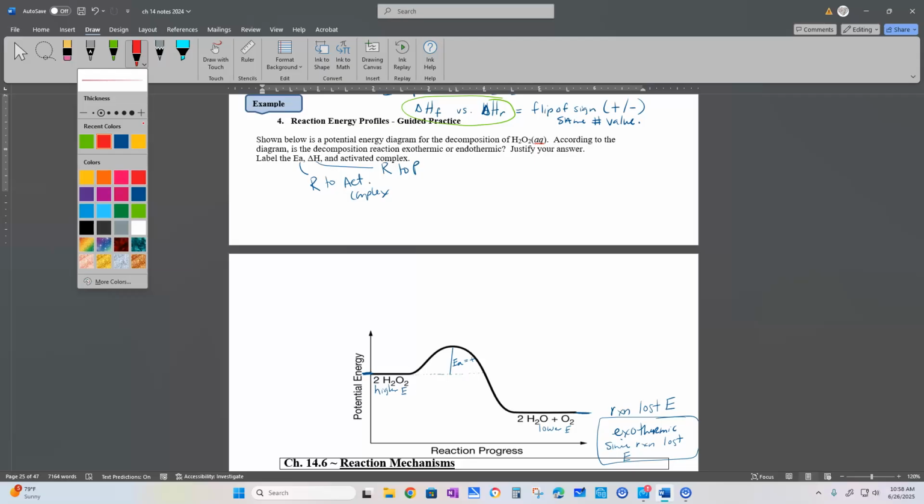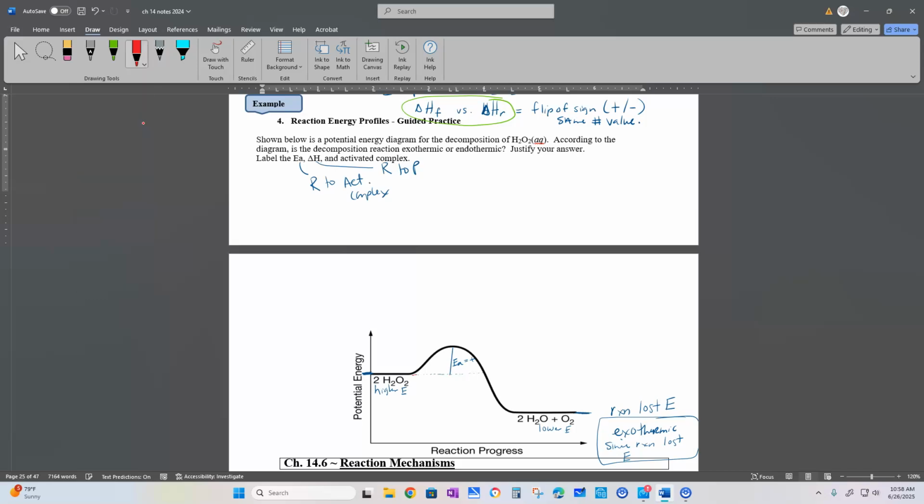So reactants, if you want to draw your line over here, or you can just draw it right on top, whatever makes sense. But from right here, this is where my reactants also were. So reactant, and my products ended. This is where sketching is very important. And my delta H would be this value, from here to here, and it's going to be a negative value. Okay? And my activated complex, that's where everything has been broken that needed to be broken, is my activated complex.